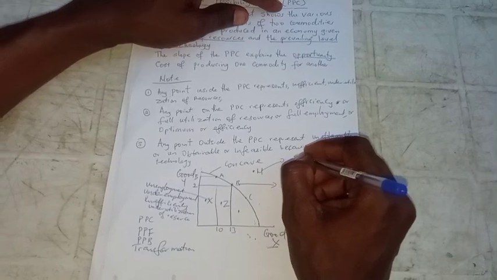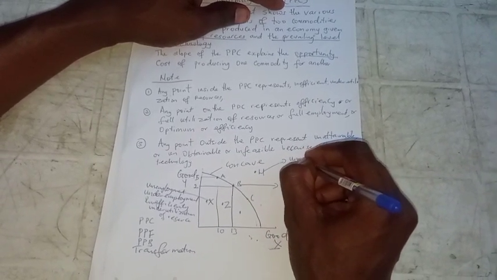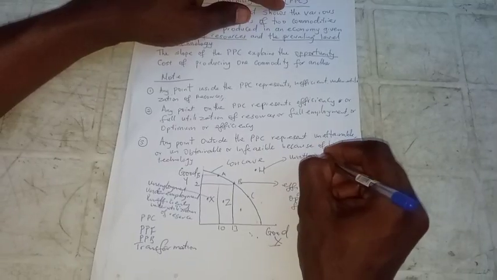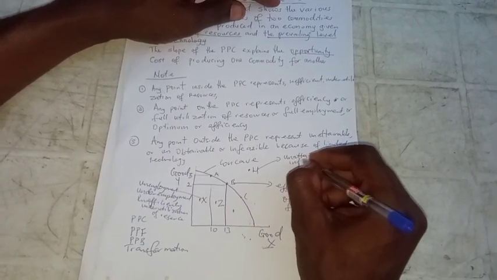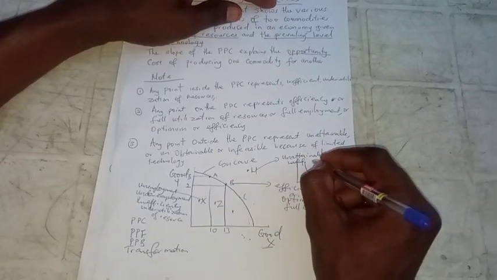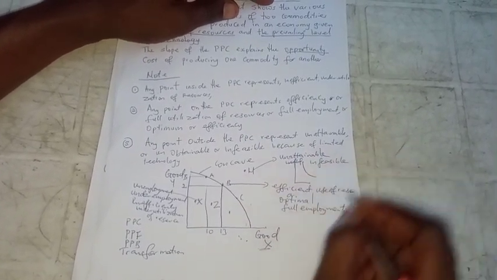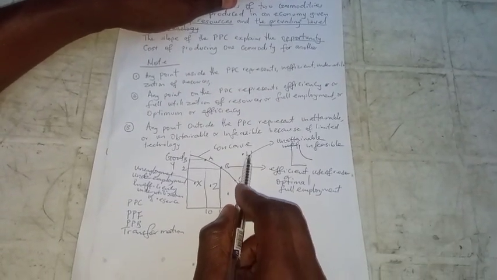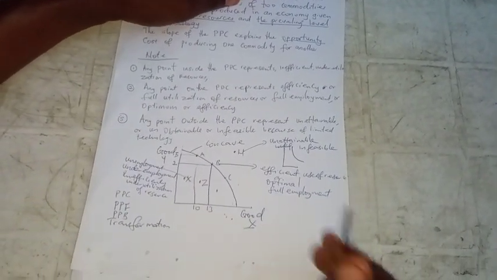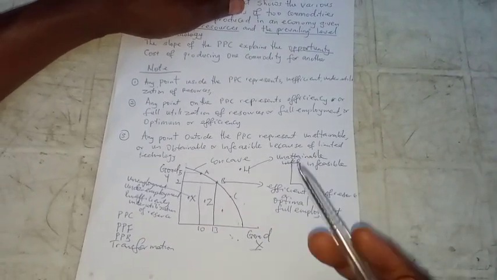We are operating at a point we call unattainable or infeasible, or unobtainable. Why can't we get to point W? It's because we have limited technology. We don't have the technology to get there.